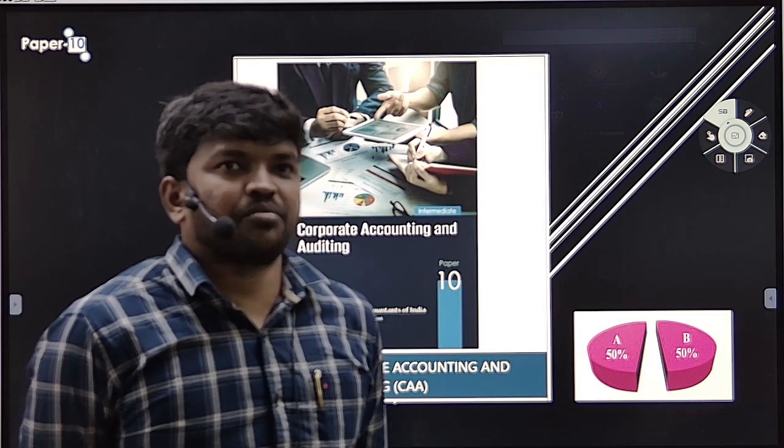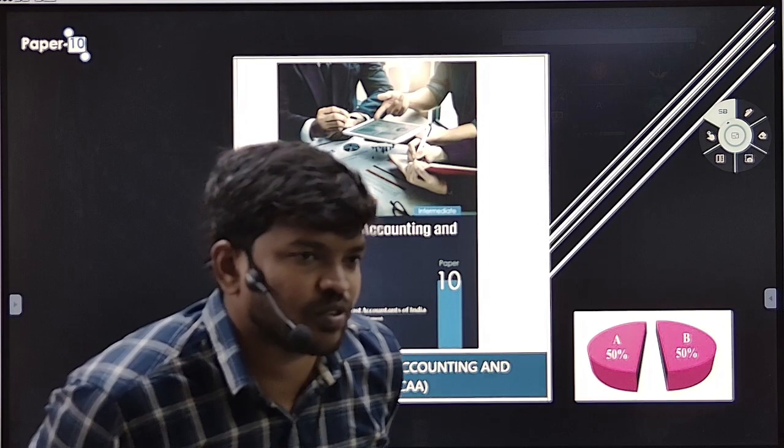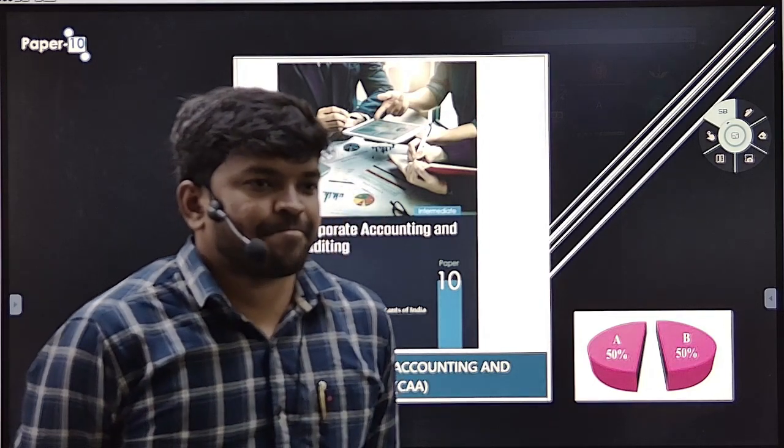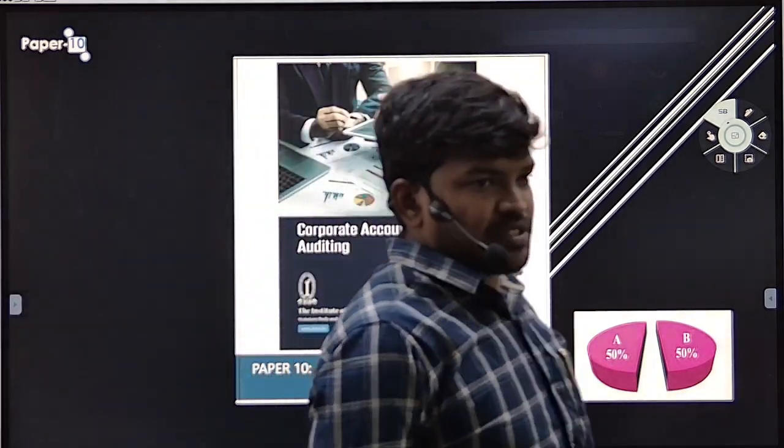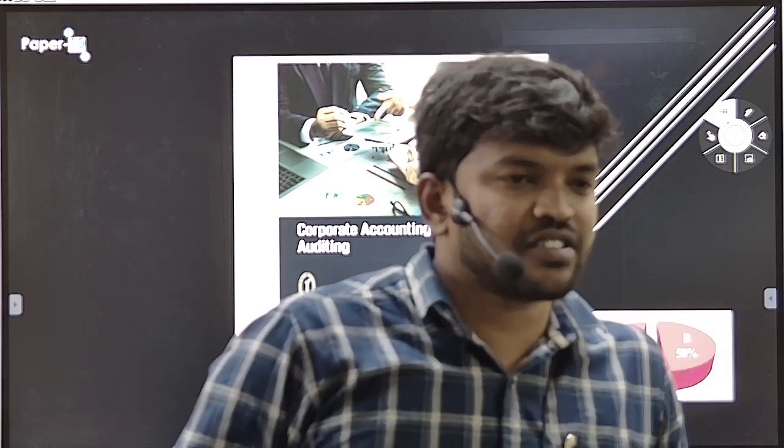In financial statements, you have this cash flow statement also. Clear? So now in your corporate accounting, what is the syllabus? You don't have journal, you don't have ledger, you don't have trial balance.